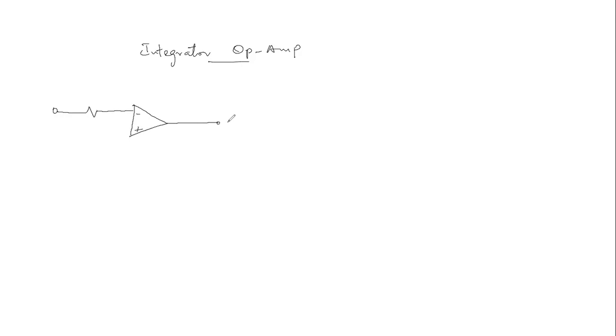Here we have the output V naught. Then we have a capacitor connected in feedback, where this is the feedback capacitance, and then you have the input voltage, and then here is the output voltage.